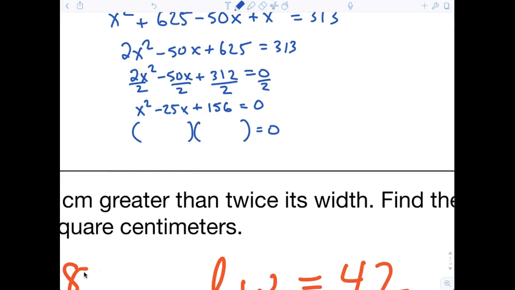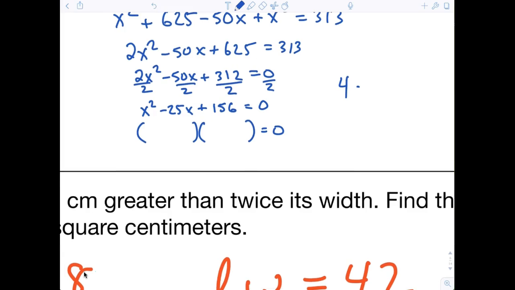So again, I'm happy with that. He said 4 times 78. No, that's for 312. 4 times 39. Thank you. Yeah, 4 times 39. Now that's not 25. Does everybody agree? So now what goes into 39?